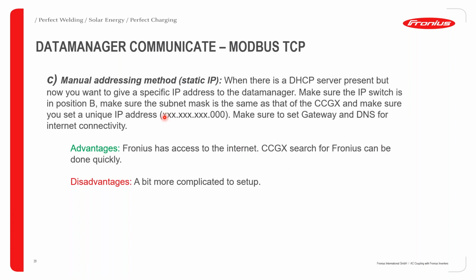Then you have to assign that specific address in the right format that you want to give to the data manager. Here you also have to make sure that you set the gateway and the DNS for the internet connectivity. So what is the advantage here?